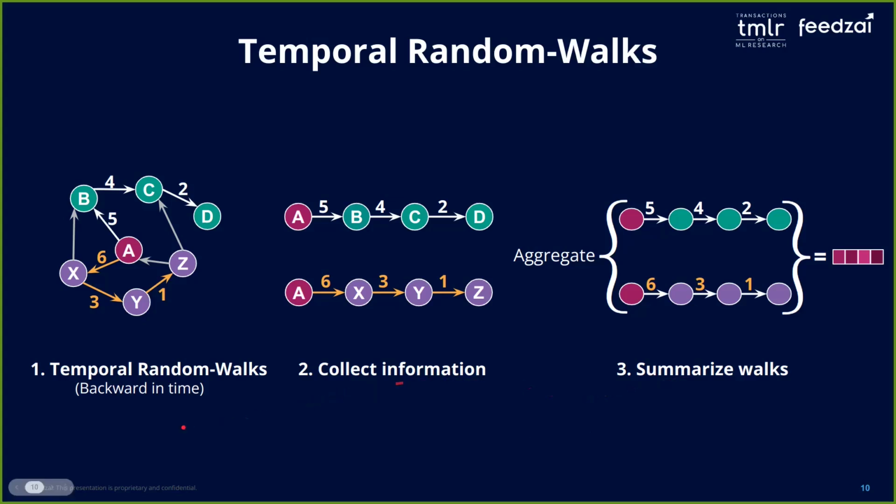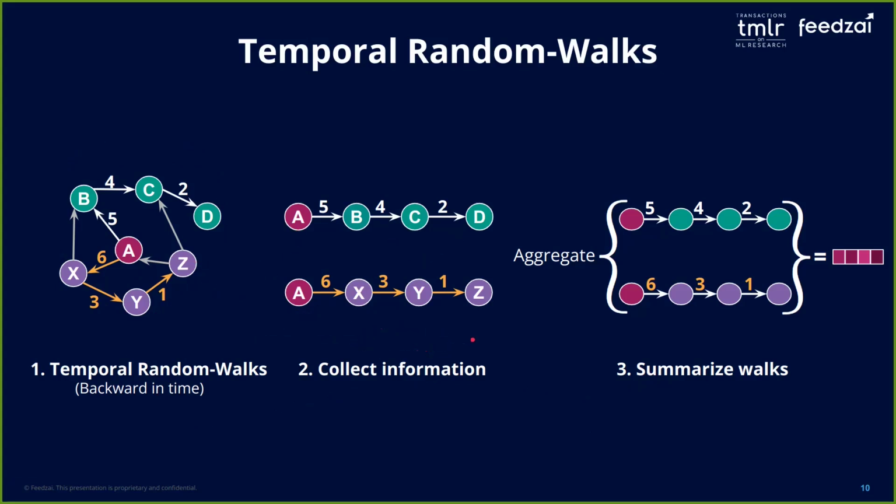Since we are interested in temporal graphs, let's illustrate with an example. Given a temporal graph where edges have timestamps associated and one target node A for which we want to generate an embedding, such an approach will start by doing random walks starting from the target node A, say ABCD and AXY.